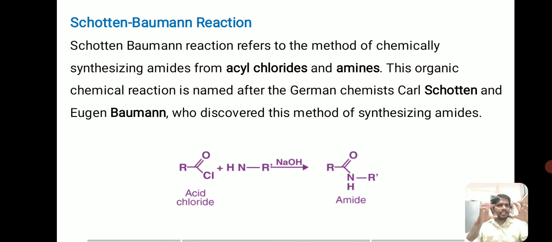This organic reaction is named after the German chemists Carl Schotten and Eugen Baumann, who discovered this method of synthesizing amides. Here, when an acid chloride, RCOCl, reacts with an amine in the presence of basic media, formation of an amide, RCONH, takes place.